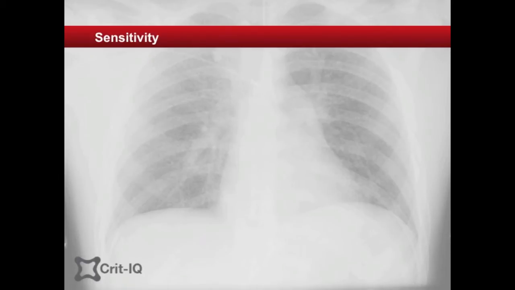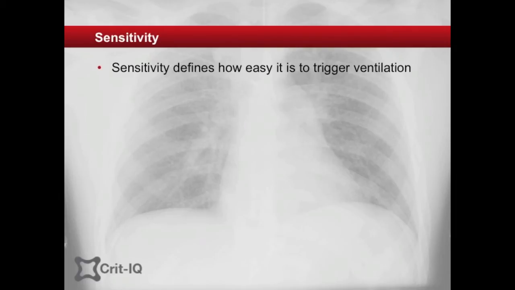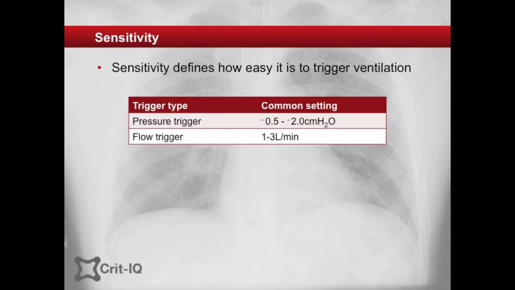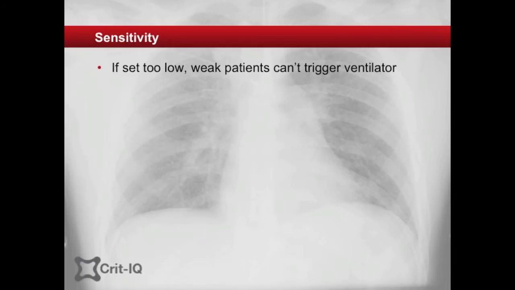The sensitivity of the trigger defines how easy it is for the patient to initiate a breath. The ventilator is easier to trigger if the pressure or flow required to activate the ventilator is low, and harder if they are high. Common initial settings are shown here. If the sensitivity is set too low, weaker patients may find it difficult to trigger the ventilator, resulting in significant distress and failure to wean.